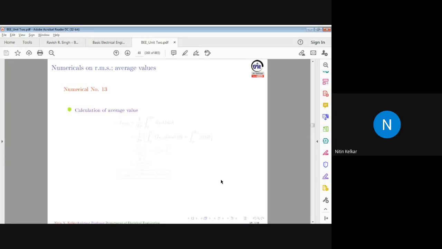And now we can go for calculation of average value. Now I don't think there will be any problem for any one of you regarding this integration, as nothing complicated is involved. Once again I have considered the full time period, the time required to complete the full cycle, as the waveform is unsymmetrical, and then I have substituted the proper integration limits and the proper expression for the given waveform according to the integration limits.